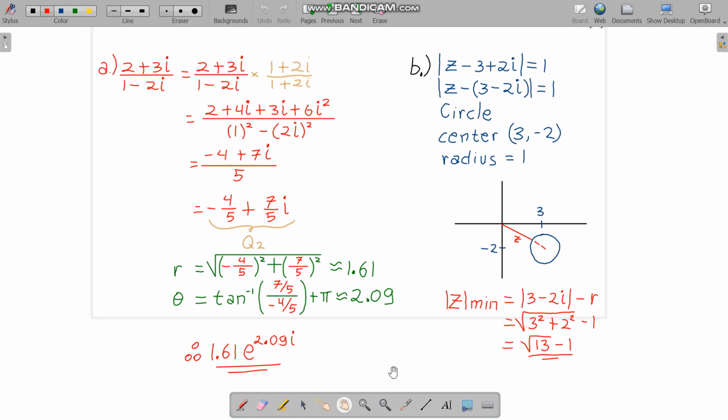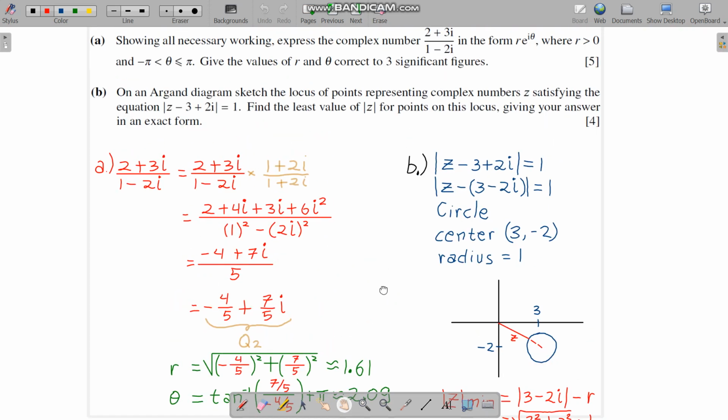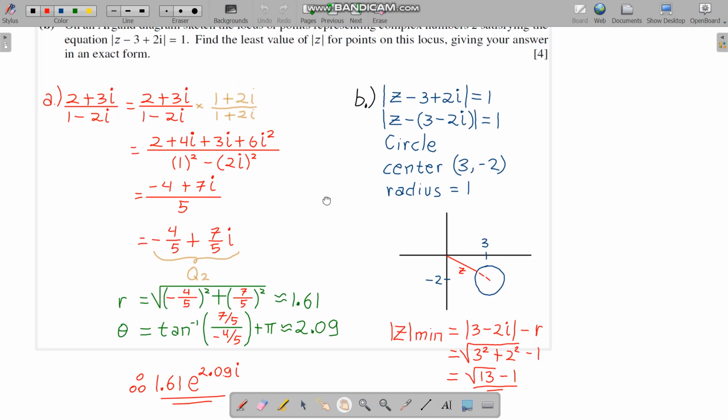Now to convert to exponential form, we find the modulus and the argument. If you look at this negative real, positive imaginary, this must be in the second quadrant. In the second quadrant, we do inverse tangent plus pi. Just remember, the theta must be in the second quadrant in the end. So this is the final answer to 3 significant figures.